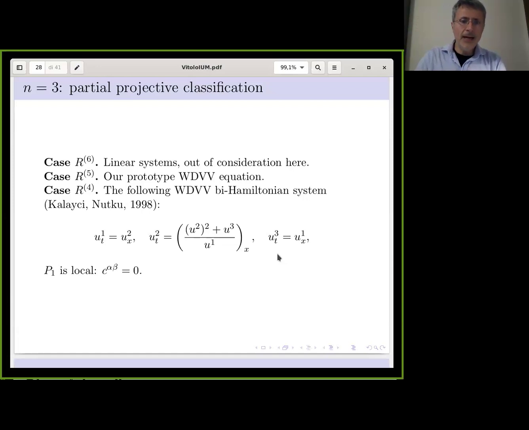So then R4. This R4 was already known in literature, and for a WDVV Bi-Hamiltonian system, the Bi-Hamiltonian pair was found by Nutku and Kalayci. And again, this Bi-Hamiltonian pair was local, like in the previous case.